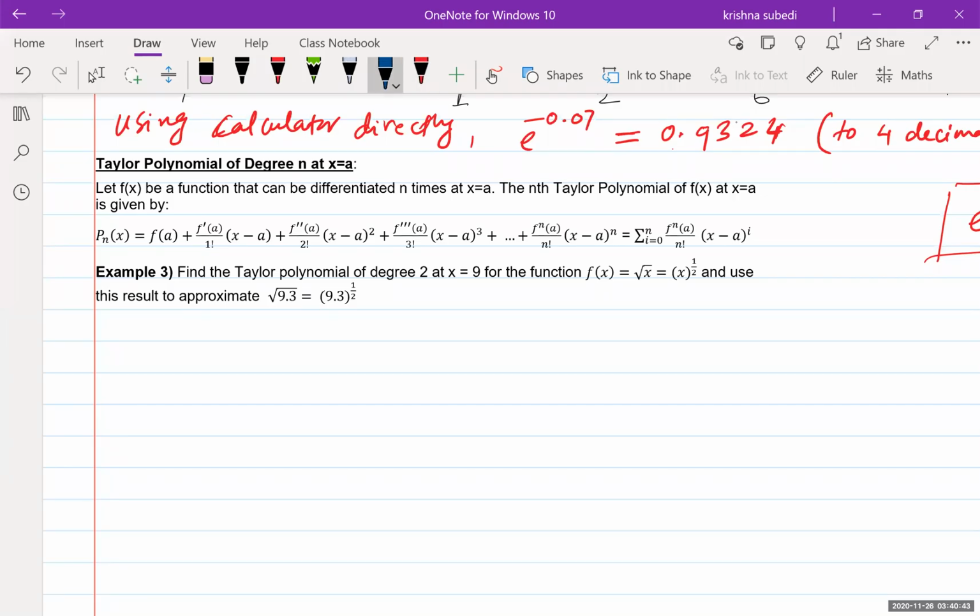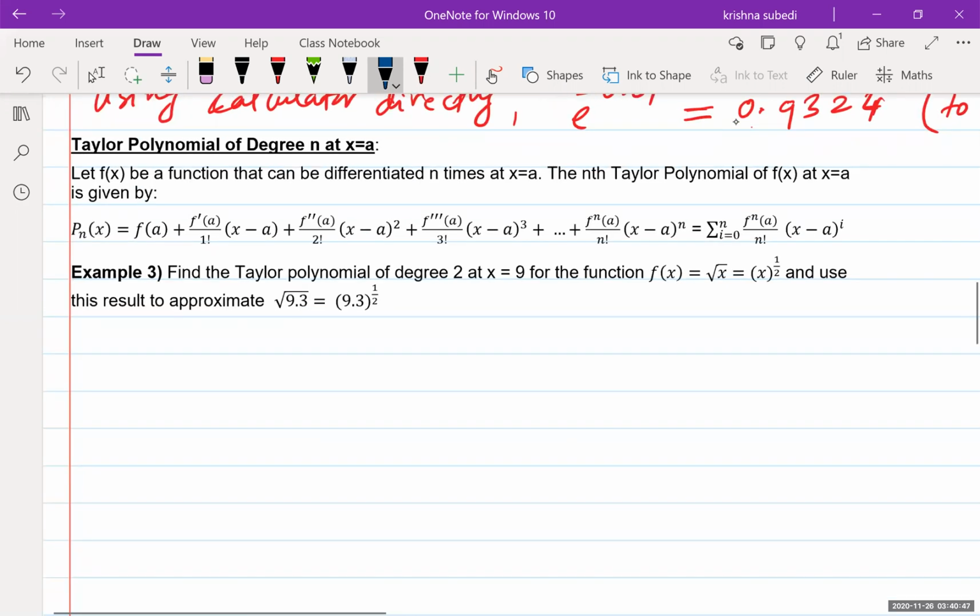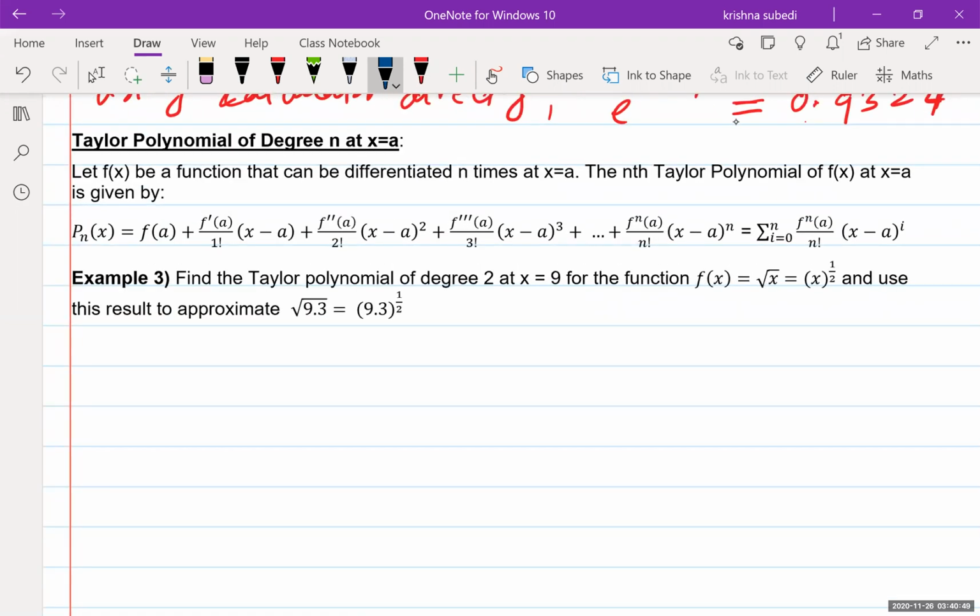Okay, guys, in the previous example, in both examples, what we consider is the Taylor polynomial of degree n at x equal to 0. Okay, that's what we considered in the previous example. But if x is not equal to 0, but something else, let's say x equals 2, or x equals 1.5, or x equals minus 10.7, for example, how do we find the Taylor polynomial, right?